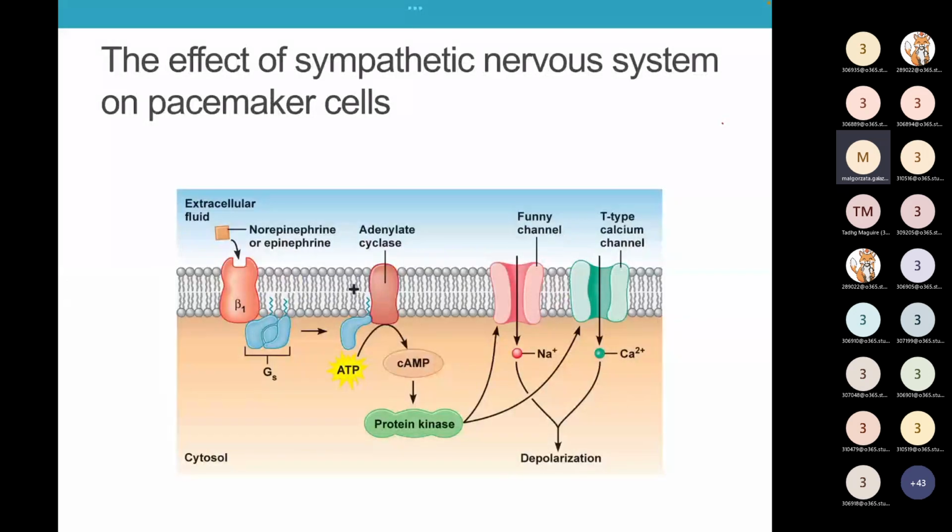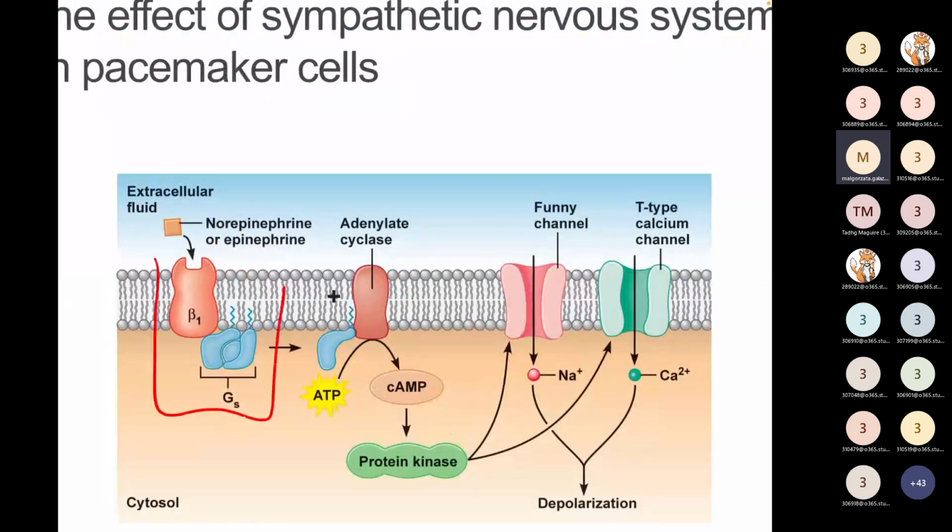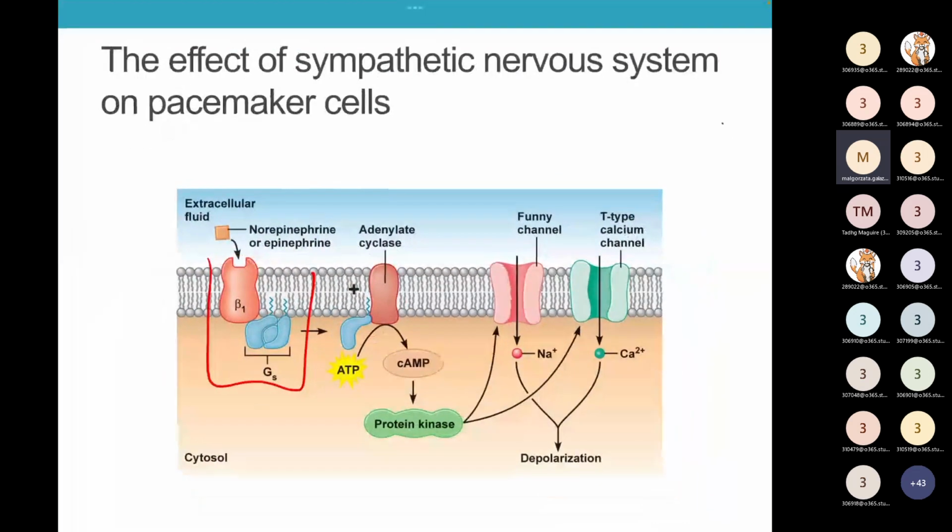Beta-1 receptors, which you can see over here, are Gs-coupled receptors. I don't know whether you have ever heard about G-protein-coupled receptors. That's why I'm going to discuss the mechanism of its action step by step right now.